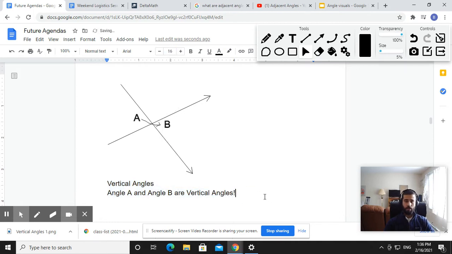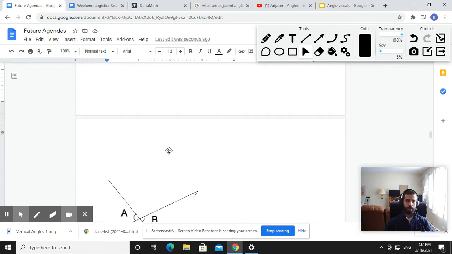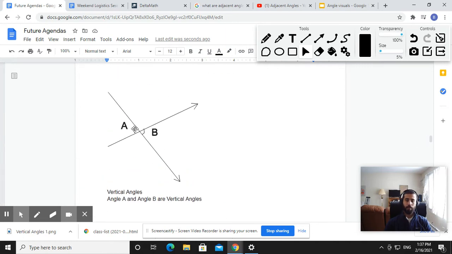They are equal in their degrees of measure. So A equals B.